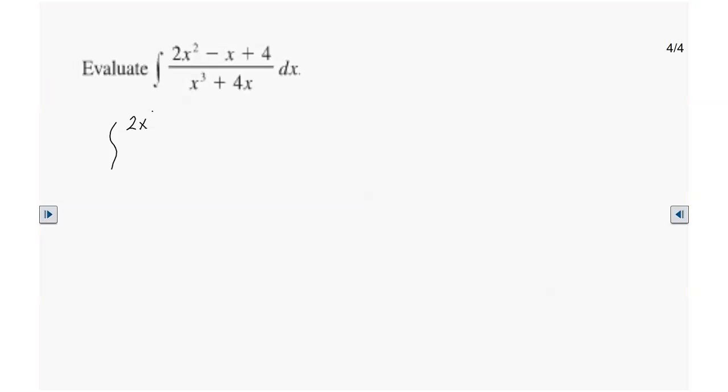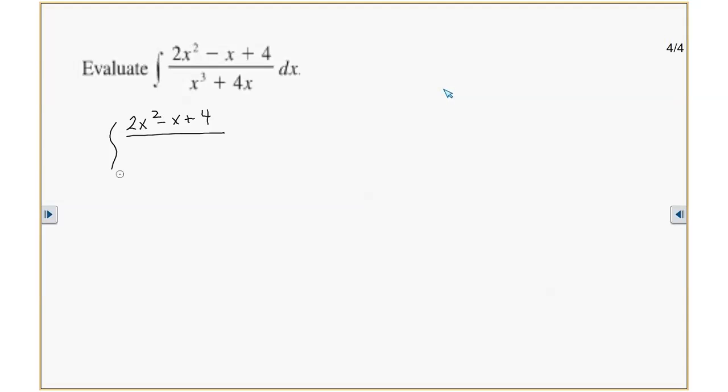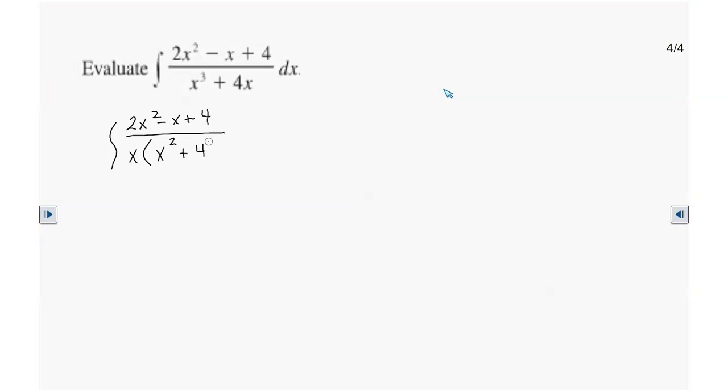Two x squared minus x plus 4 over x times x squared what? Plus 4, Hubert. That's right, class. Okay, that's it.